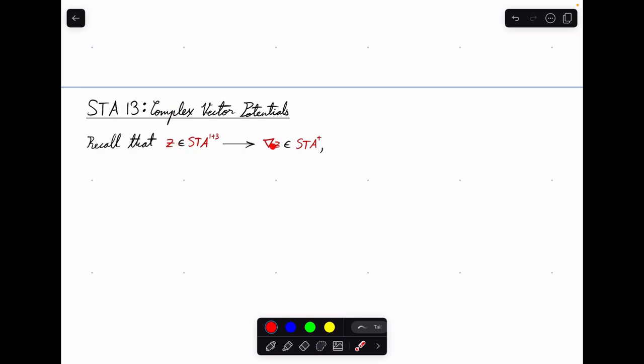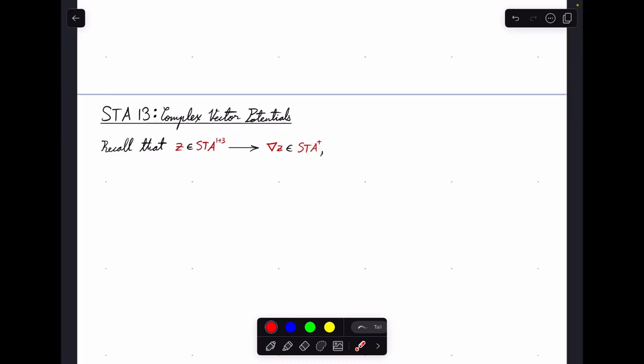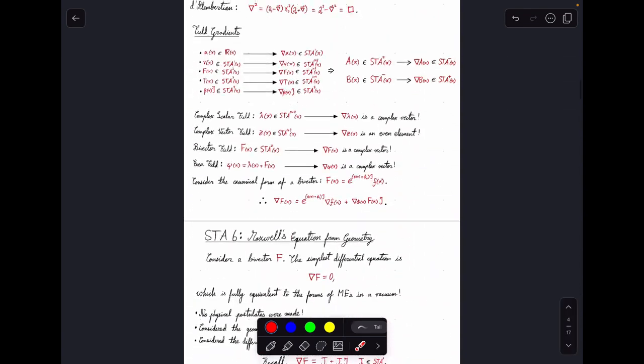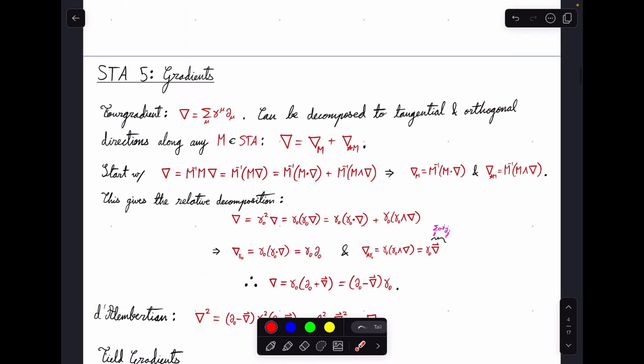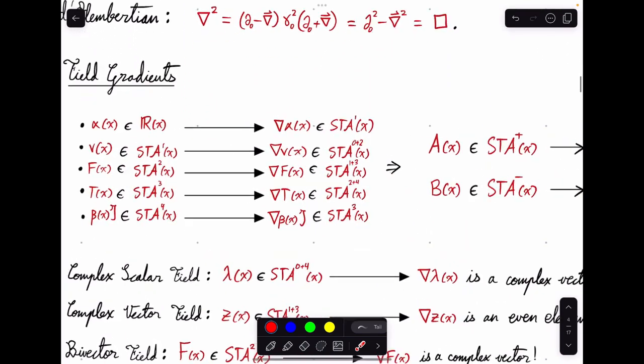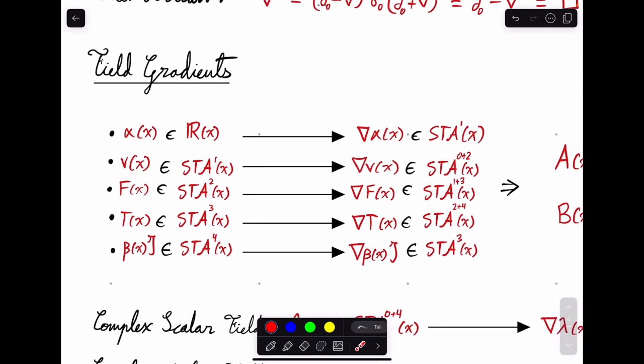When you take the gradient of a complex vector in general, you return to the even subalgebra of the spacetime algebra. We talked about that before in the STA 5 video. So in STA 5, when you take the field gradients, the vector field goes to grade 0 plus 2, and the trivector field goes to grade 2 plus 4.